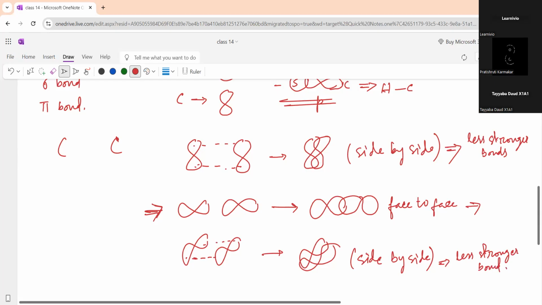And this face-to-face collision leads to a strong bond. Now this face-to-face collision is known as a sigma bond. The side-by-side collisions are known as pi bonds.